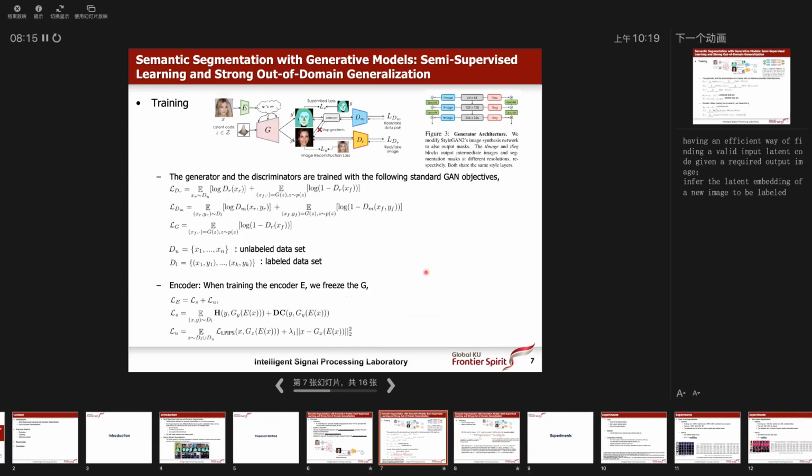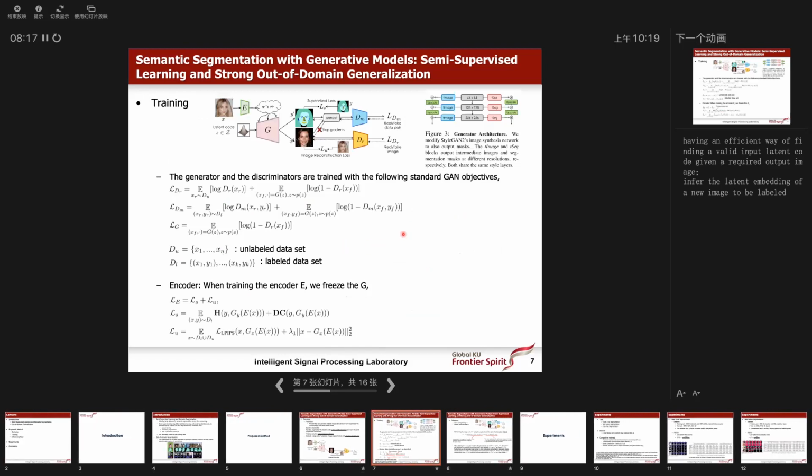And let's come to the training process. We can see that there are two inputs for the proposed method. X represents the input image, and Z represents the noise vector. We first put X into the encoder, and the encoder is designed by DeepLab V2.